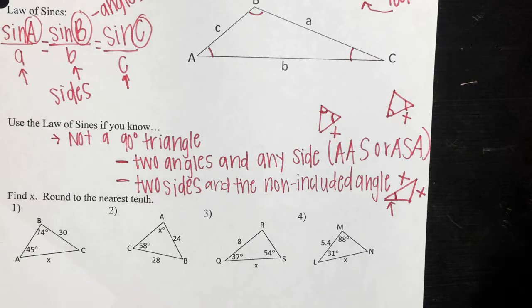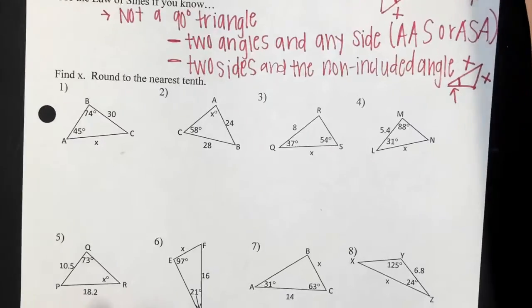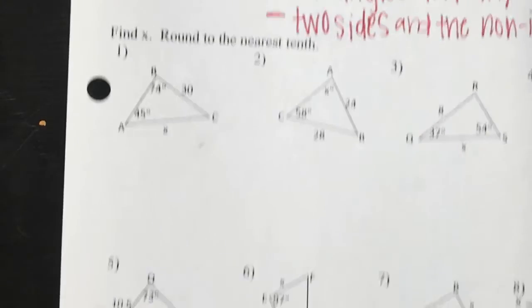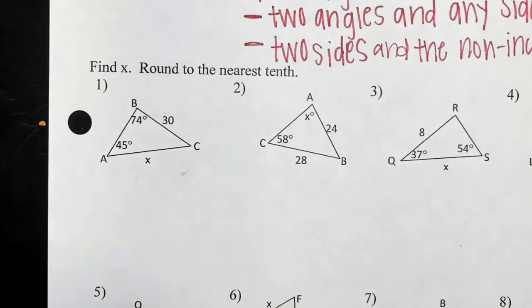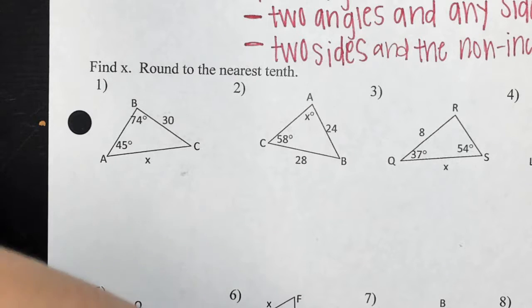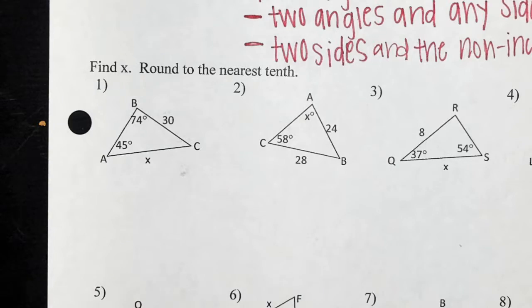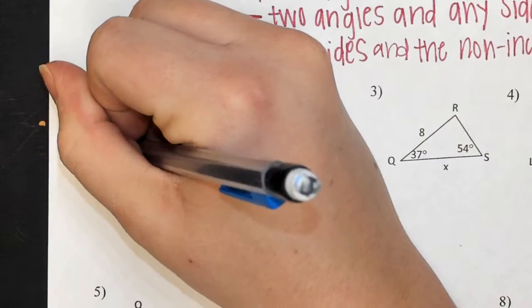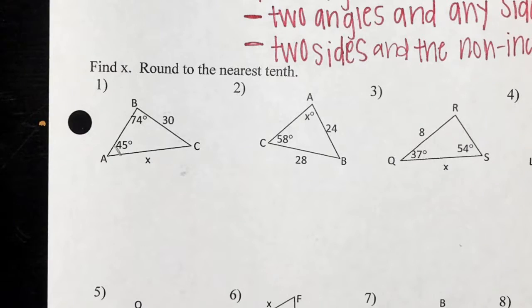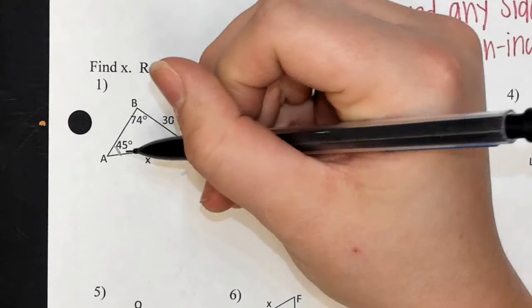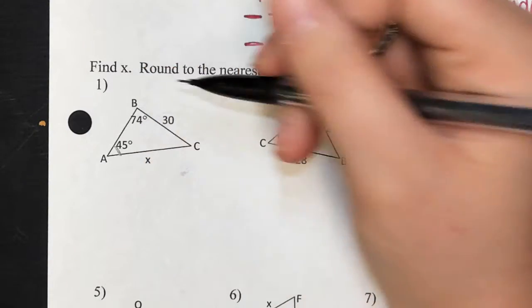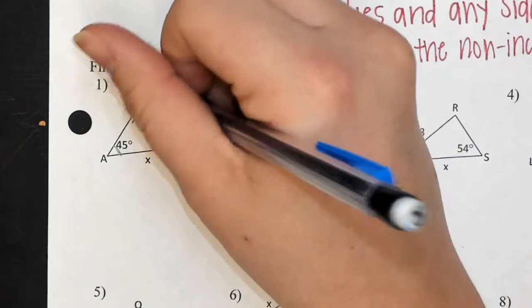Alright, so now that we all have triangles, calculators, all of these are law of sines. So let's set them up together and then find the missing part. Alright, so this is the first thing we need to do. This angle right here is angle A. What is the side A? 30, good.